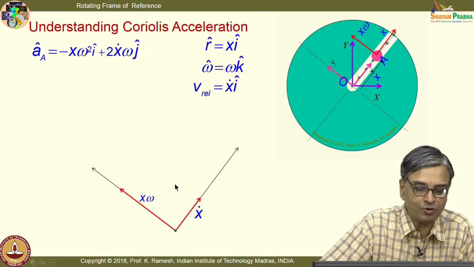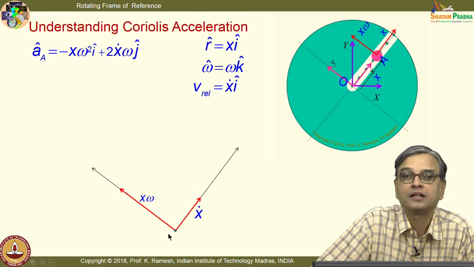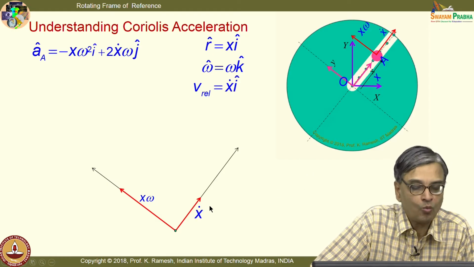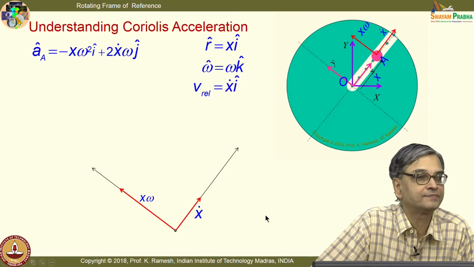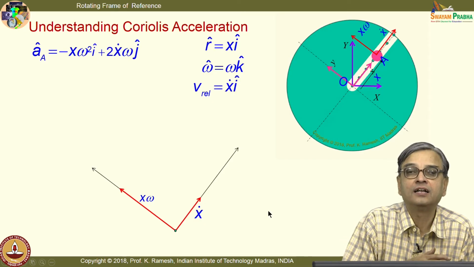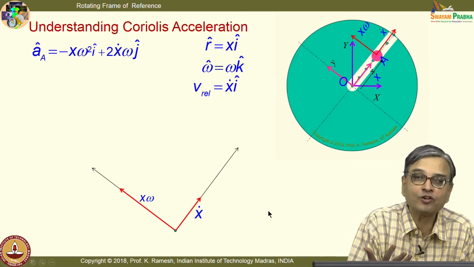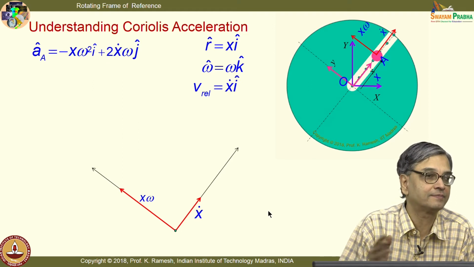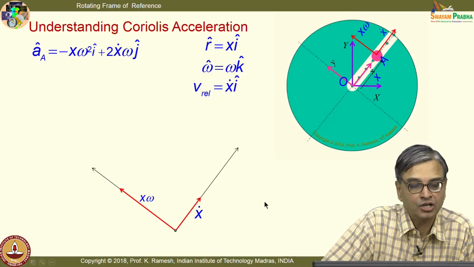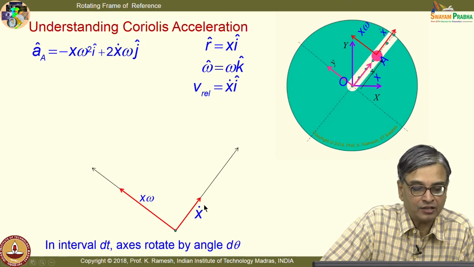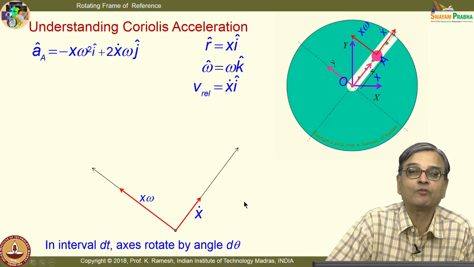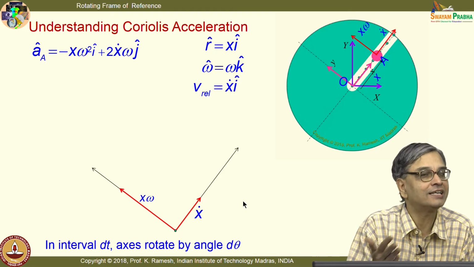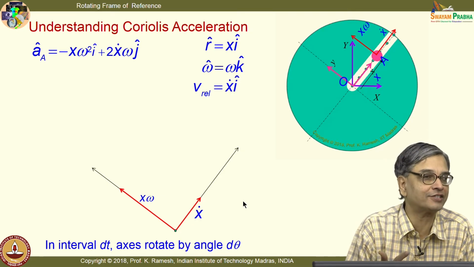Now what we have to do is investigate, for a small rotation d theta, what happens to these quantities, and what a person sitting on a rotating frame would perceive and what he would not perceive. And when I say changes in velocity, we have always looked at change in magnitude and change in direction, both of which contribute to the acceleration.